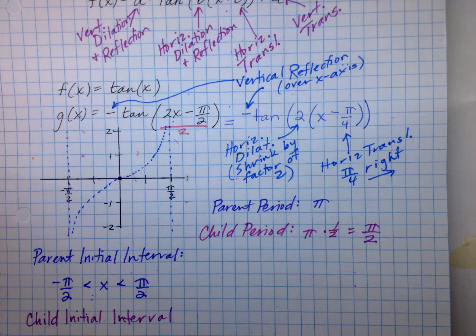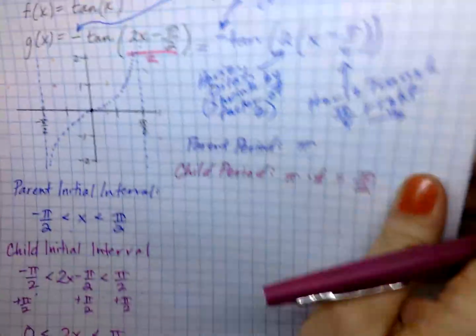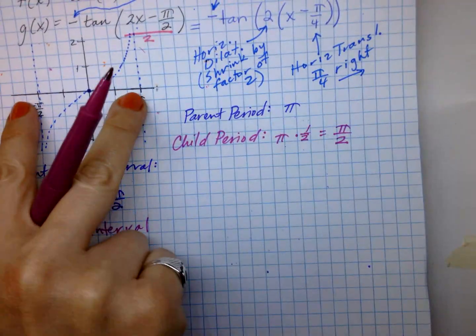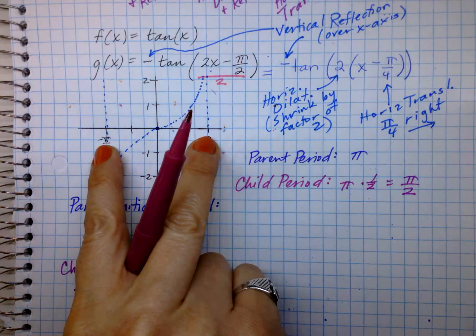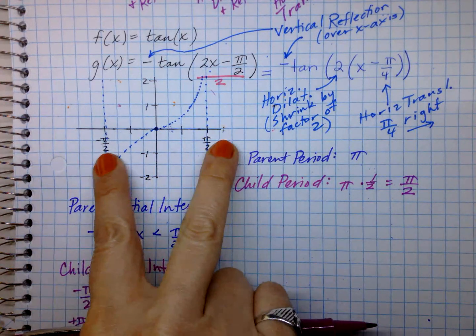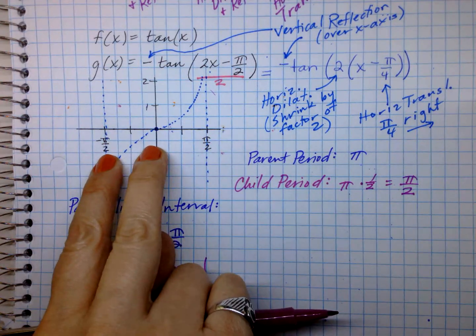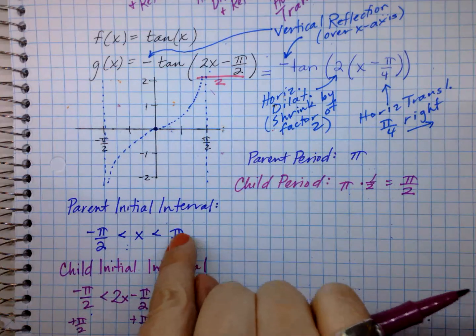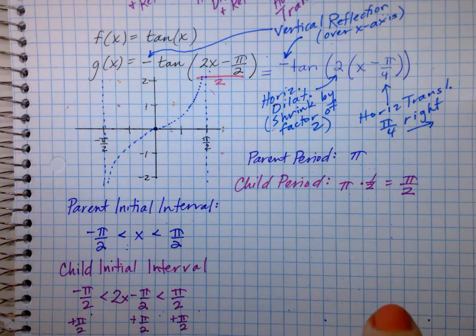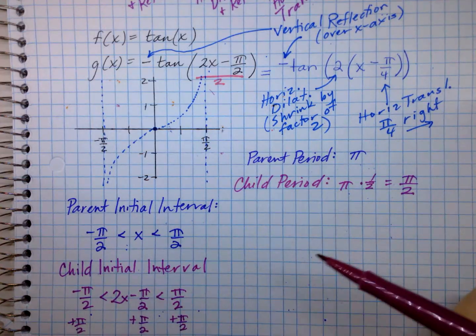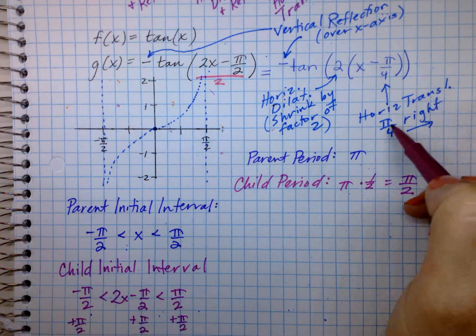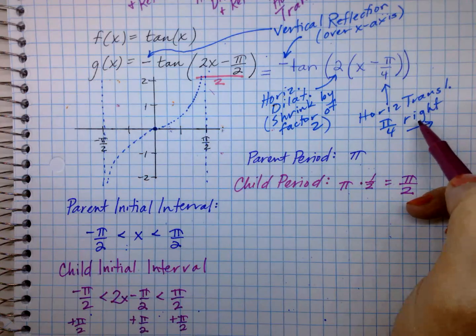The new child has been shrunk by a factor of 2. So that means instead of having a full pi as its period, it's half a pi instead. And remember that this also moved it pi over 4 to the right, a horizontal translation.